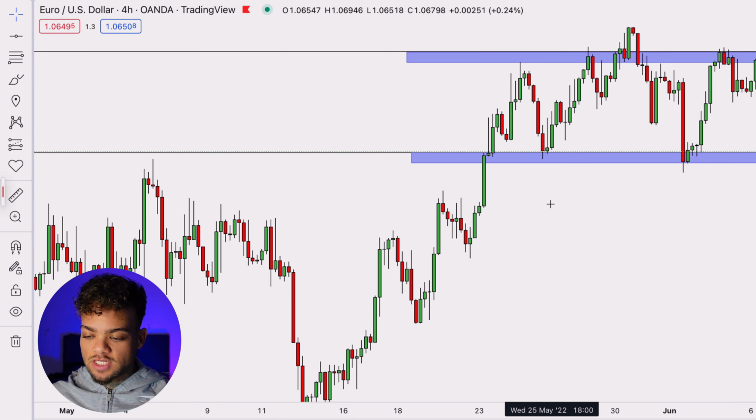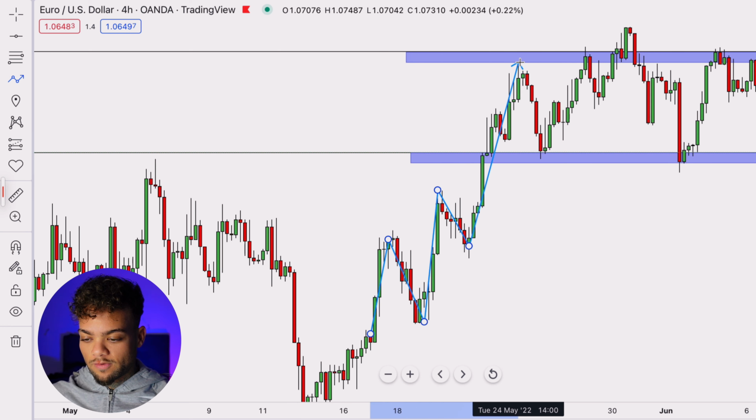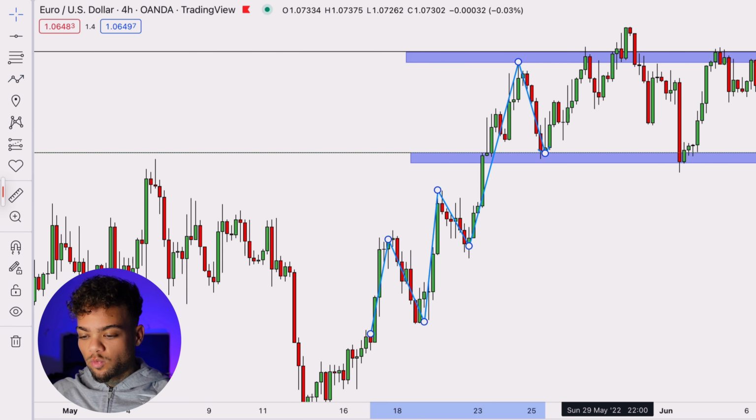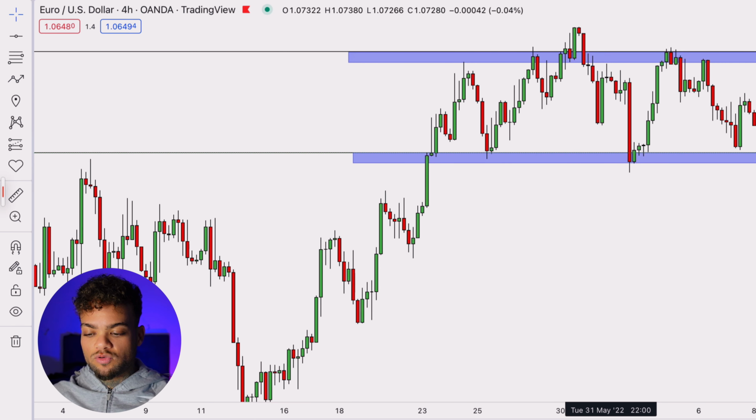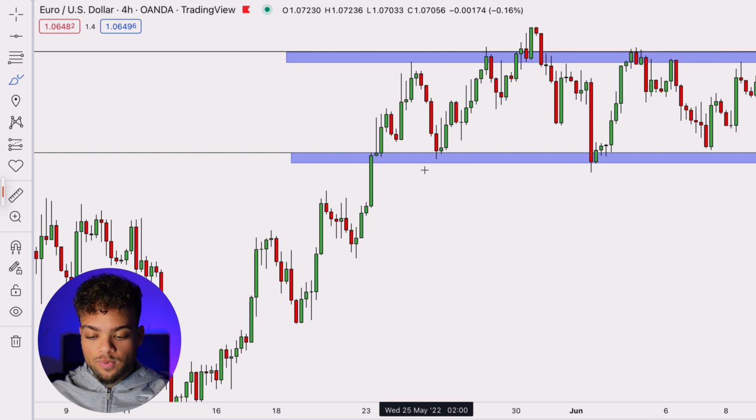Now let's take this here for an example. In this case, we can see that we are in an uptrend forming higher highs and higher lows all of the time. So what we now want to wait for is for price to create a beautiful support structure, and you can recognize that after a bigger bullish push.